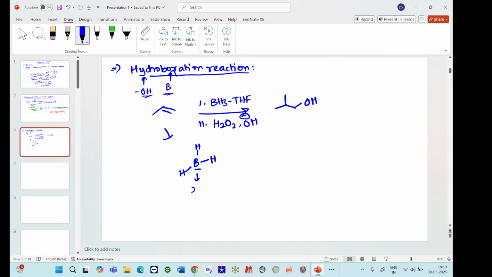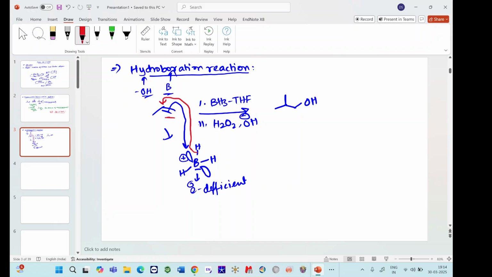So it has a vacant p orbital. The electron density from your alkene can look for the empty p orbital of boron. And then the bond between boron and hydrogen will get weak, and the hydrogen will try to go here.